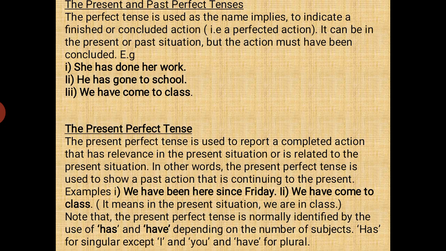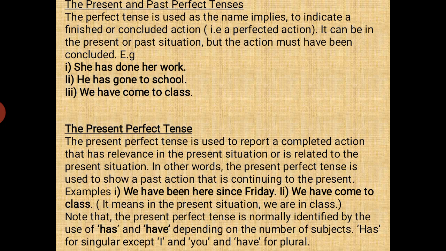For example, we have been here since Friday. We have come to class. It means in the present situation, we are in class.